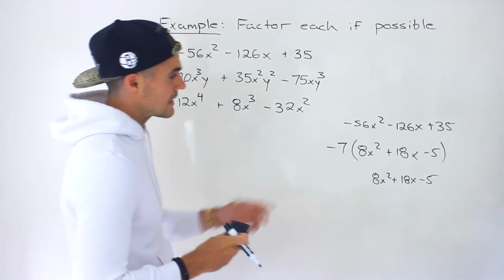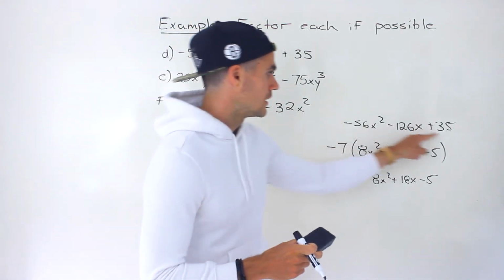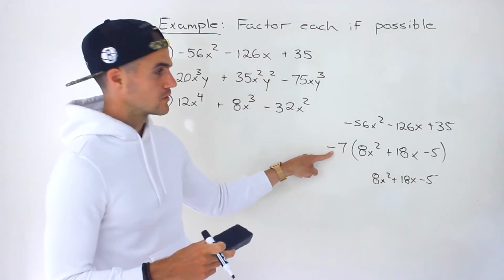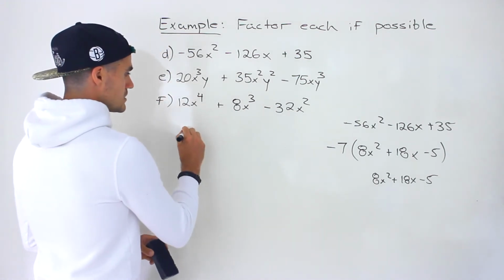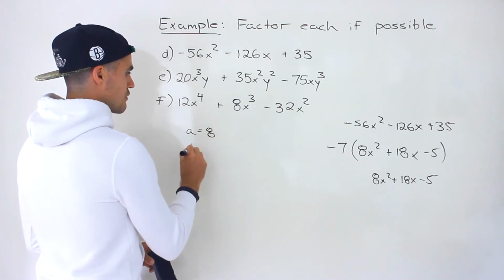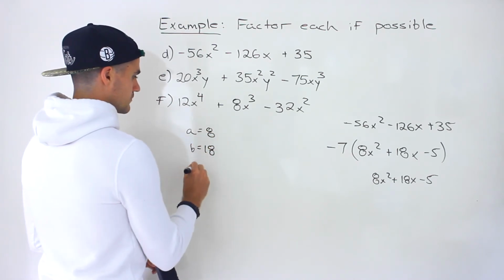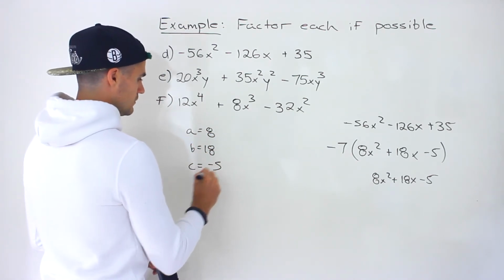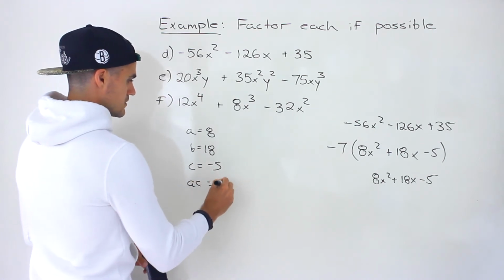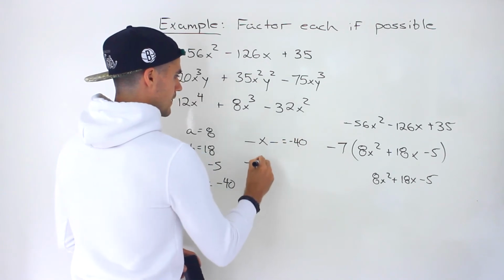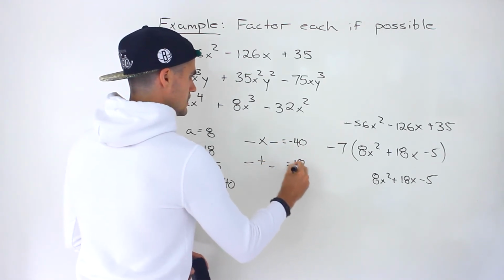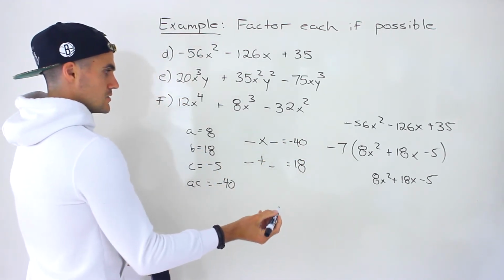And then in that particular case, the answer would just be that right there. You would just factor out the -7. However, in this particular case, I think that this will factor. So let's see two numbers that multiply to -40 and then add up to the b value of 18. And those two numbers would be what?